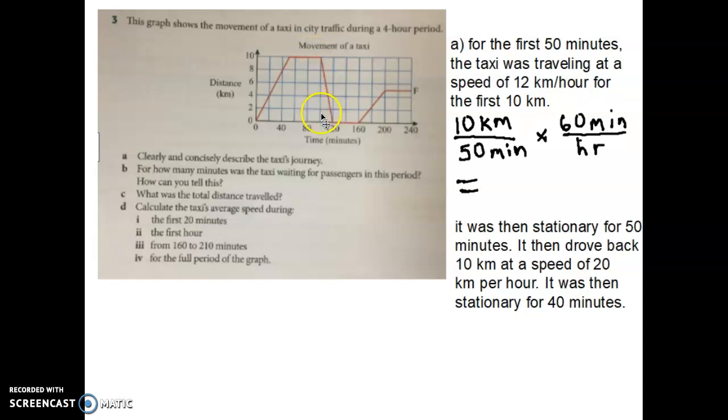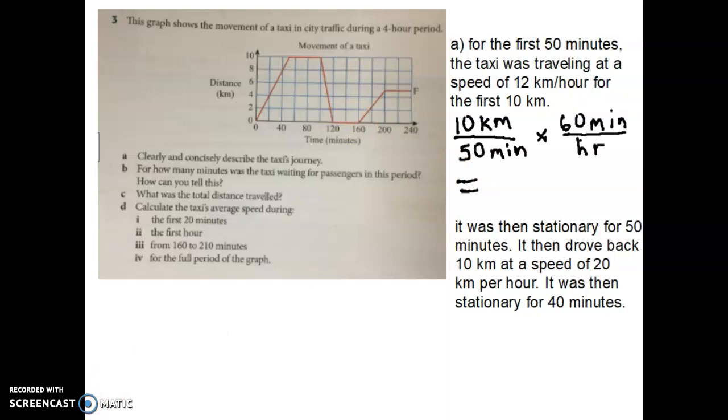Now we can follow this down to 100, and we were at 50 minutes. So it's stationary during this time. Then it returns. It then drove back 10 kilometers at a speed of 20 kilometers per hour. It was then stationary for 40 minutes, which is here. So I think you're getting how this works, so I'm going to stop talking about this problem.